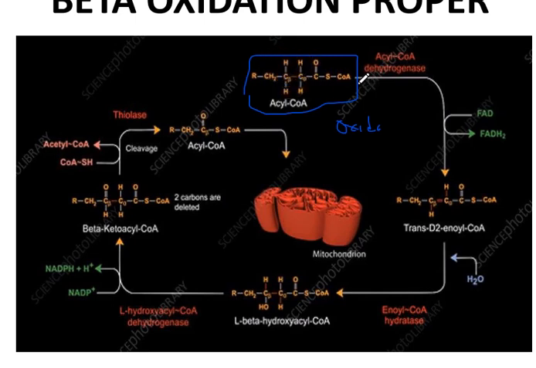The first step is catalyzed by the acyl CoA dehydrogenase, which uses the cofactor FAD. Now here there is a release of hydrogen, one from the alpha carbon and one from the beta carbon. So we have a double bond between the alpha carbon and the beta carbon, as shown here.